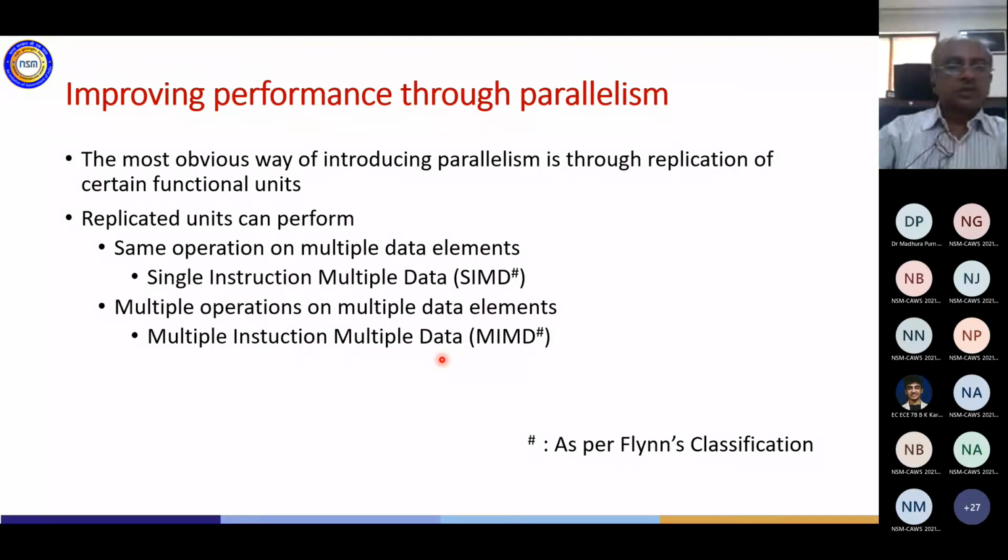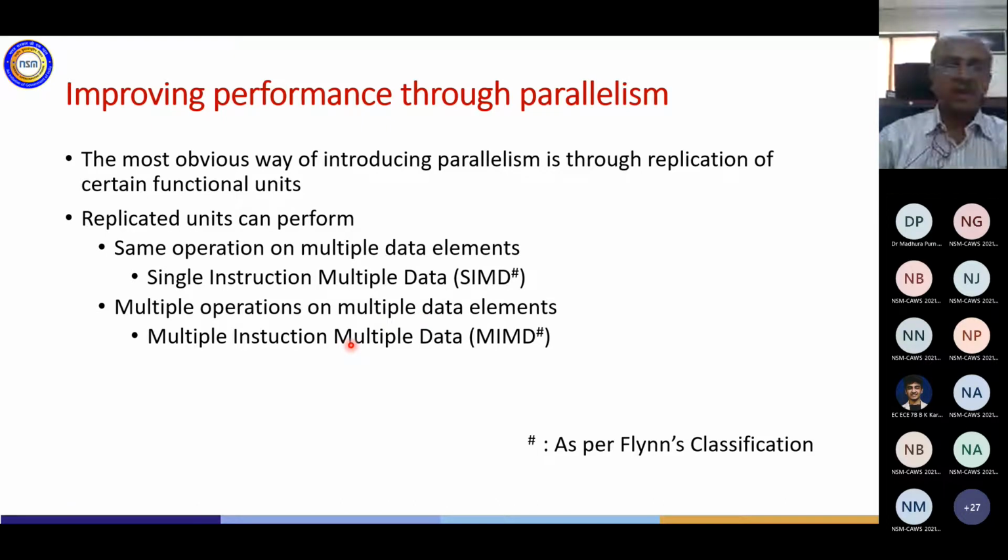One of the ways of doing it is you can replicate the units that perform the operation on multiple data elements. Those are called single instruction, multiple data: the instruction is the same, but the data items are more. So they are called SIMD. In the other variation, you can have multiple, that means different, operations happening on different data elements.